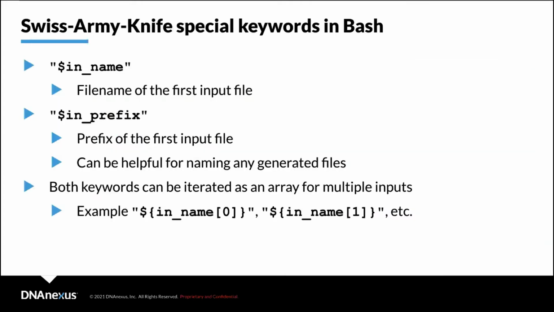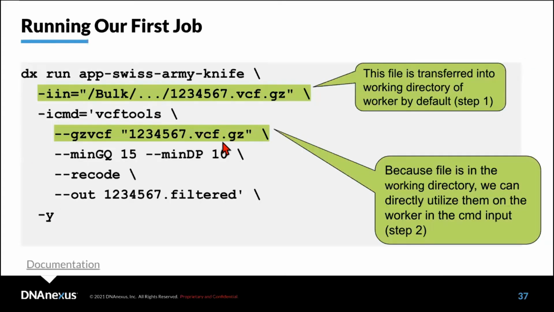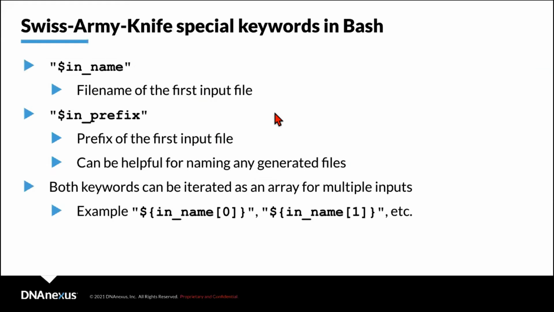So in this example, what is kind of annoying is that in case you will be running it on multiple files, you don't want to retype different file names again and again. It's just not convenient. So what you can do is use Swiss Army Knife special keywords. We have two special keywords that we can use. $in_name is the file name of the first input file, and $in_prefix is the prefix of the first input file.